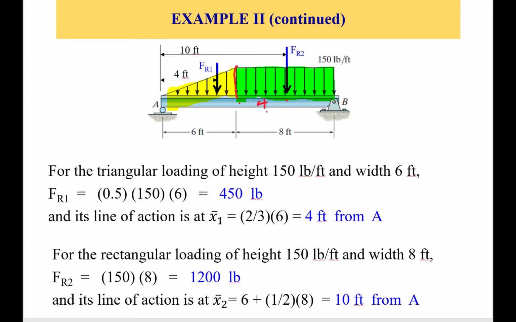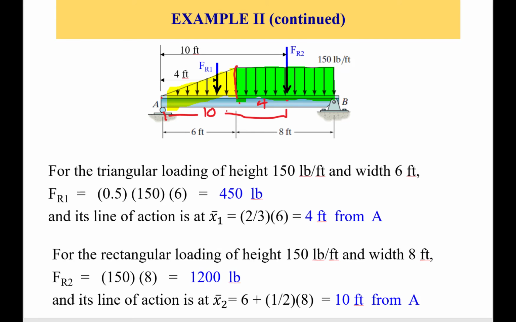Therefore, from here all the way to here, it's going to be 4 plus 6, so it's 10. So now I know the centroid of the triangle and the centroid of the rectangle, both measured from A.